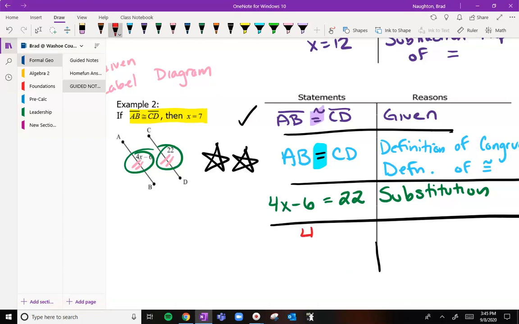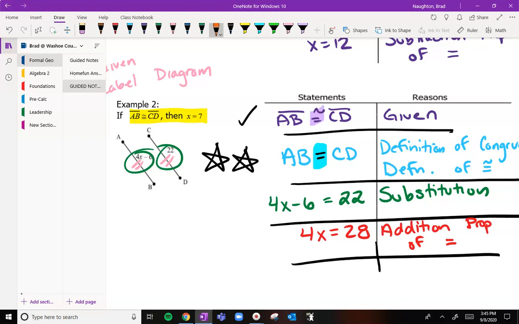So I would add 4x to both sides. And so that's addition property of equality. And then I would divide to get x equals 7. And that's the division property of equality. Oh, forgot my prop there.